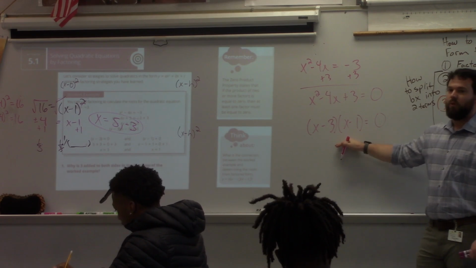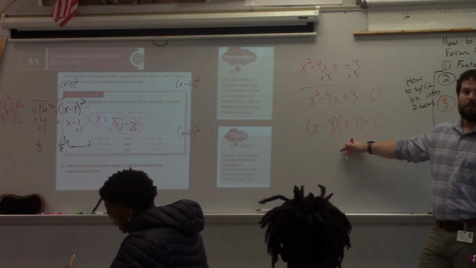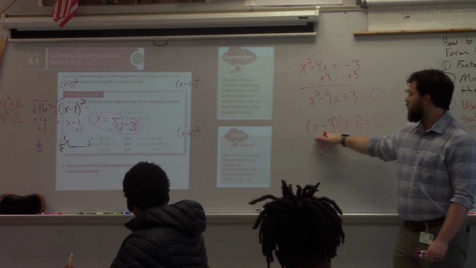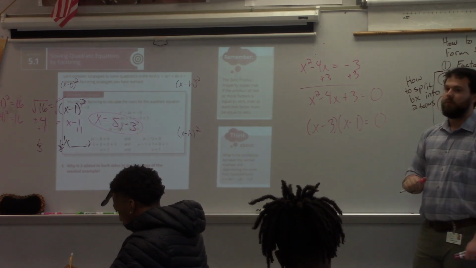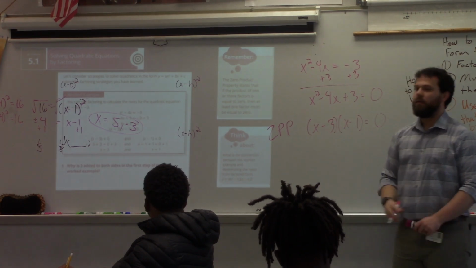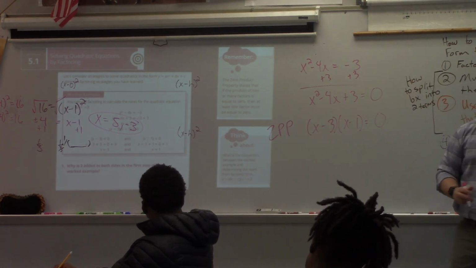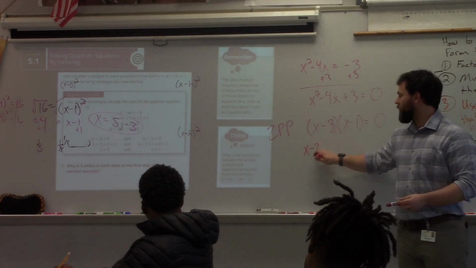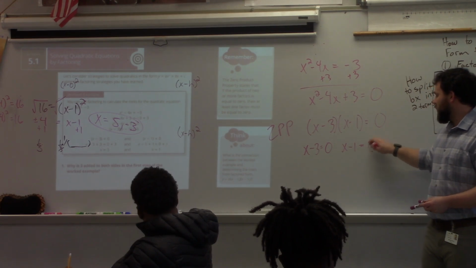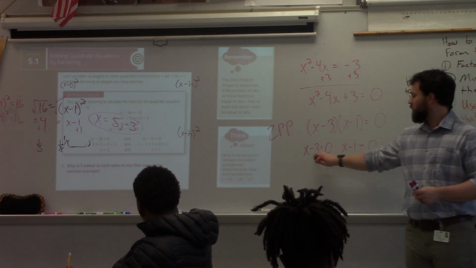This is why we want to factor, because if I'm multiplying two things and the product is 0, I can use the zero product property, which tells me that at least one of the factors has to be 0. So I can now say x minus 3 equals 0, or x minus 1 is equal to 0, and those equations are really easy to solve.